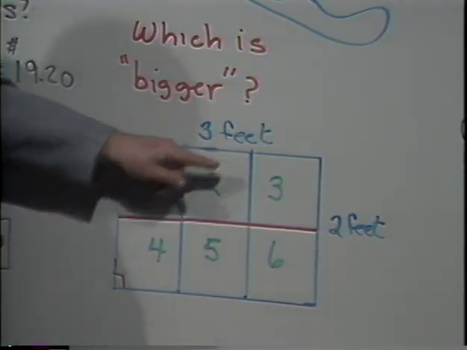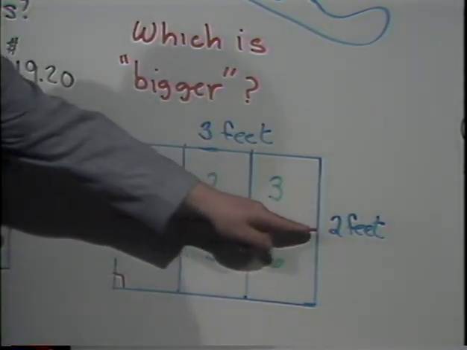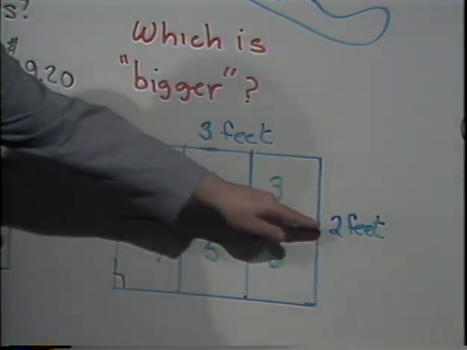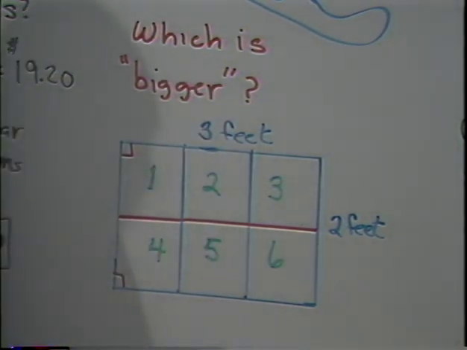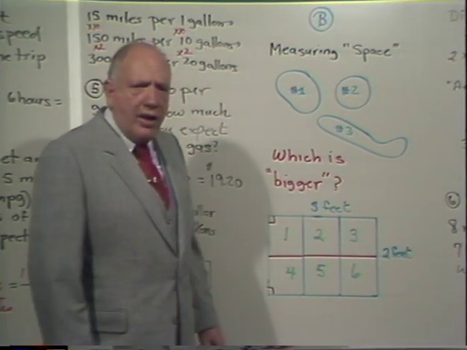You see, with 3 feet, I can form 3 1-foot strips. And with 2 feet, I can form 2 1-foot strips. And if you look at this, dividing this into feet this way and into feet this way, can you see that I wind up with 6 1-foot squares in here? See, the size of each of these 1-foot squares is called a square foot.